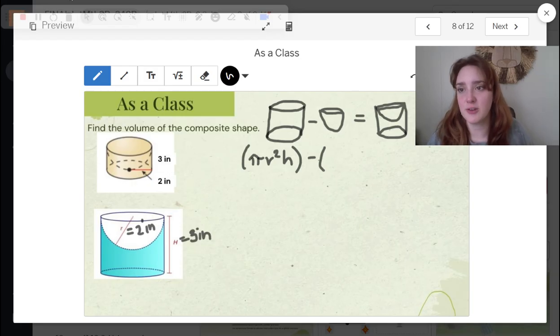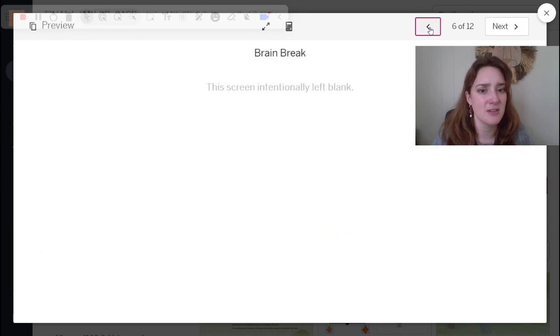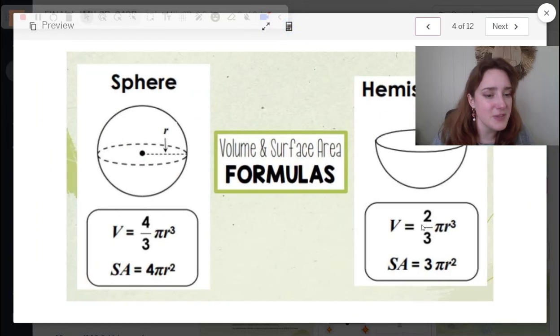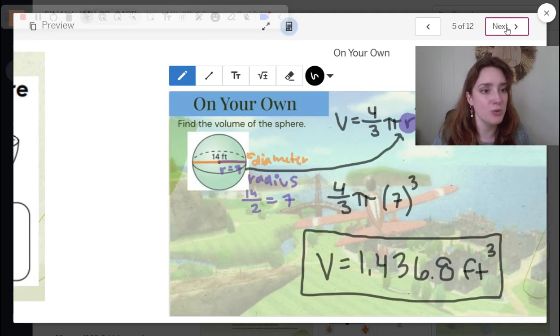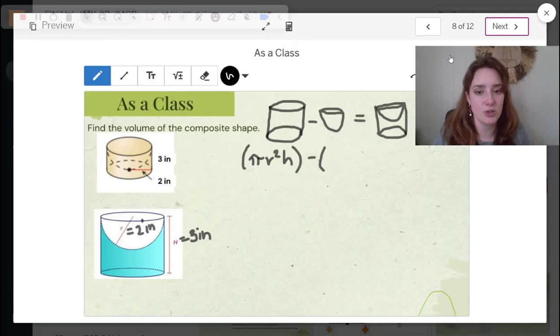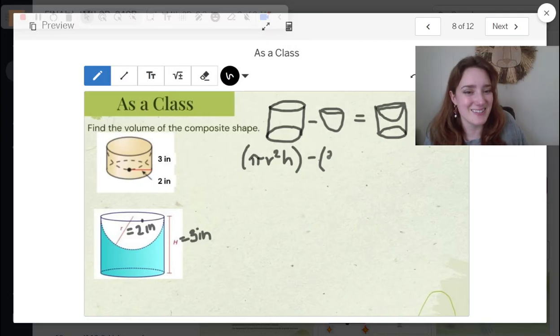I need to double check the volume of a hemisphere. That was already in our previous slide. Here we go: 2/3 pi r cubed. Okay, so this is what we're going to use.